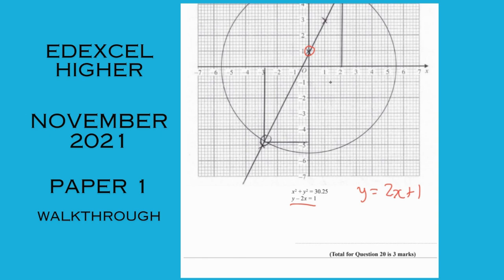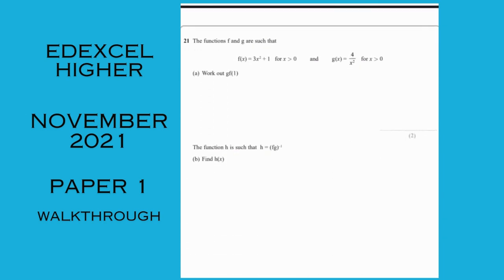But the mark scheme allows the first coordinate 2 to 2.2 for the x and 5 to 5.2 for the y, and for the negative coordinate it allows minus 2.8 to 3 for the x, and it allows minus 4.6 to minus 4.8 for the y.